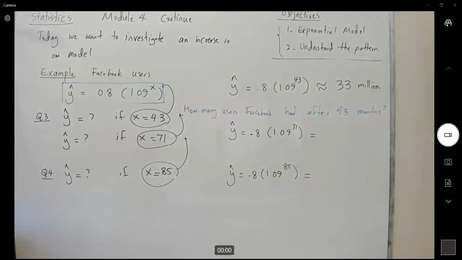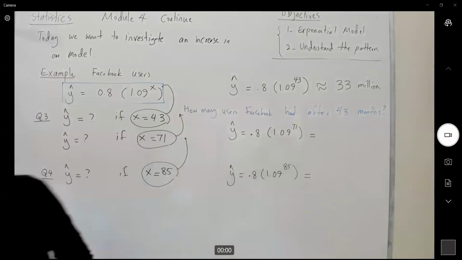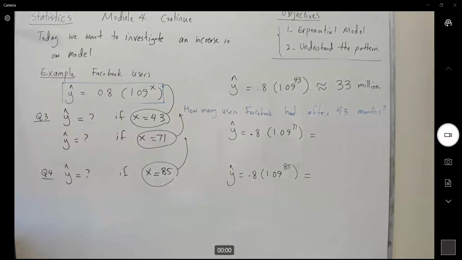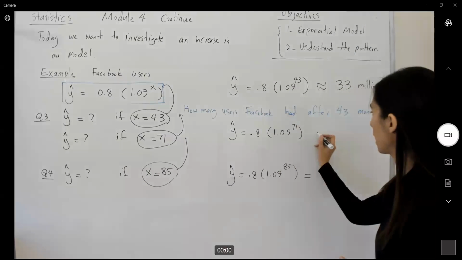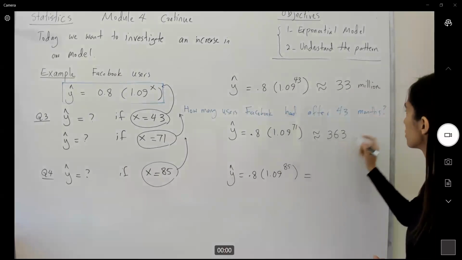If we plug in 71 for our x, the exponent is changing, and we get about 363 million.